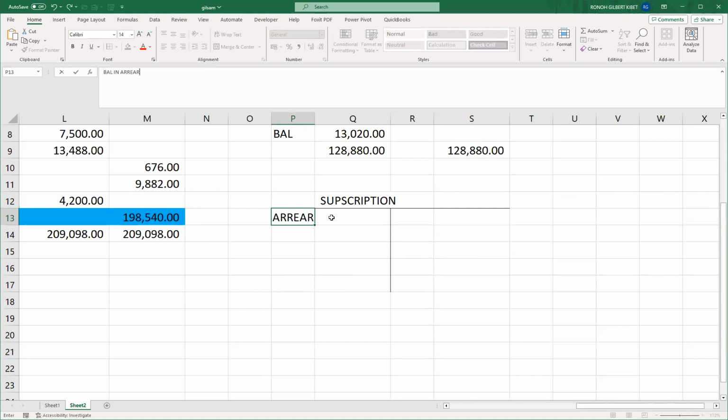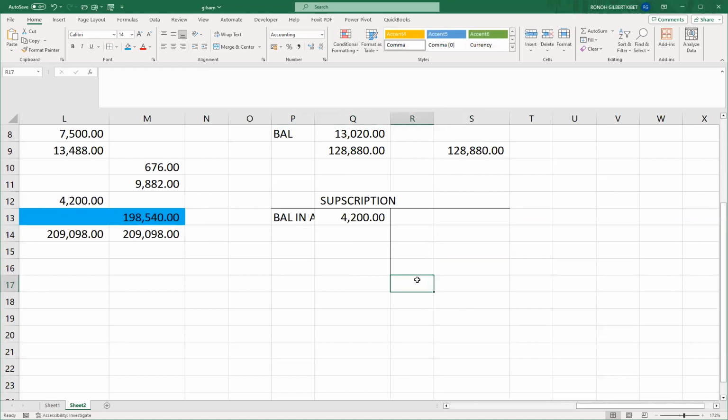So we should debit. That is 4,200. And then we have balance carried forward in arrears, which is 5250. And then now we have the contribution paid in the current year. So you will total all of them and then you credit and write cash.